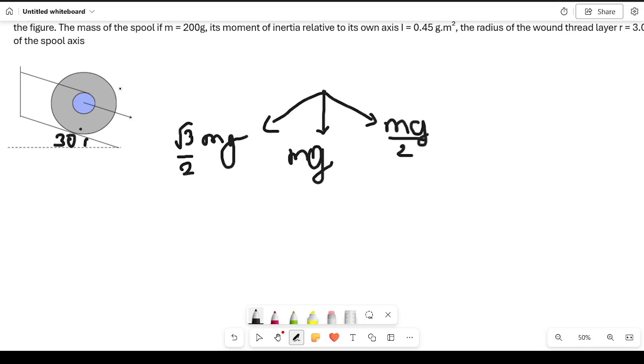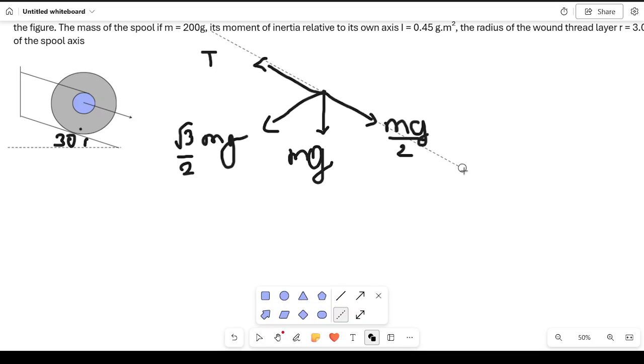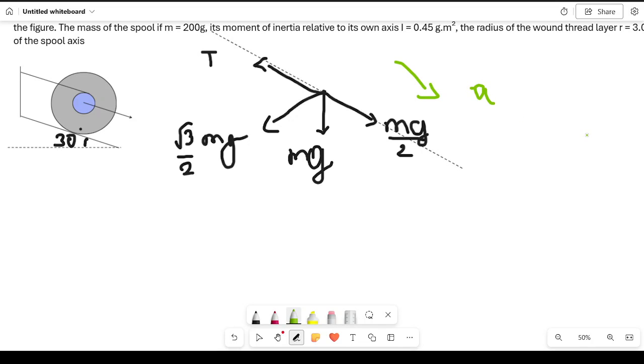Now, along with this, a tension force will be acting due to the thread. If this is the axis, then tension force will be acting in this direction, opposite to mg by 2, and hence there will be an acceleration a. There will be a net force F, that is ma.